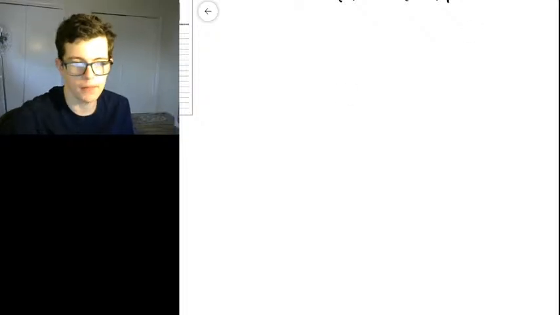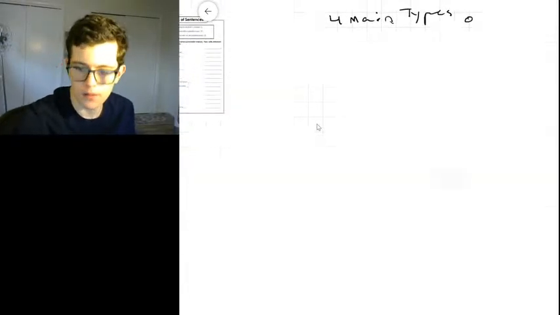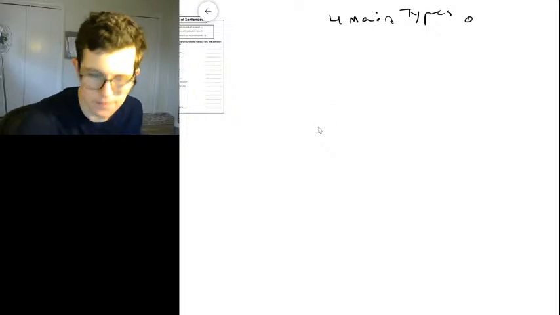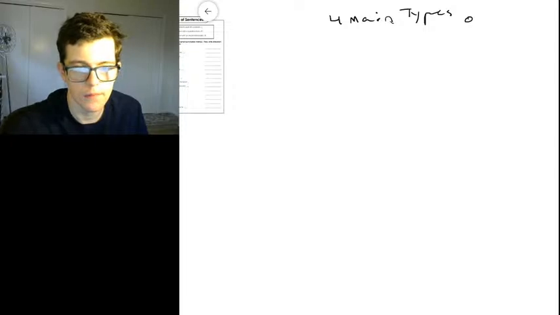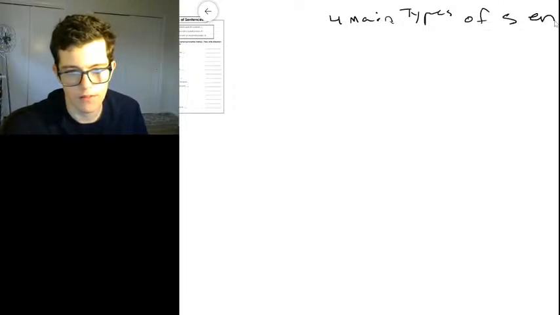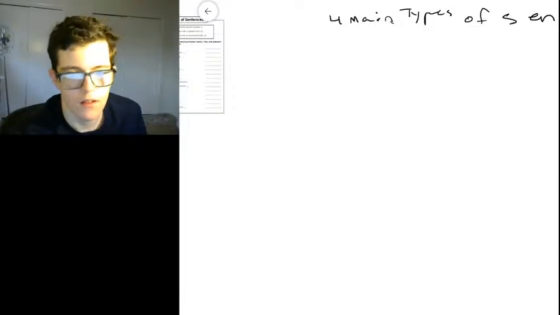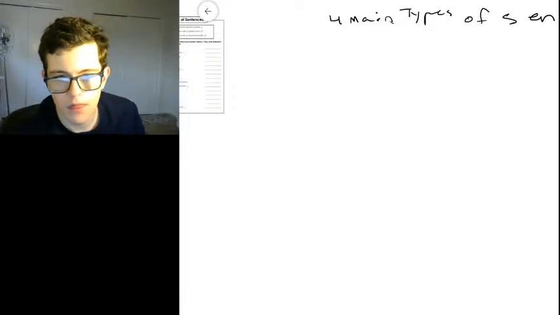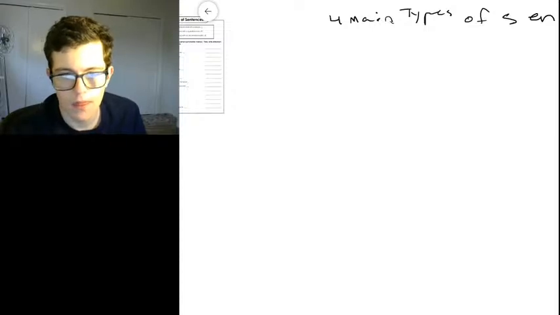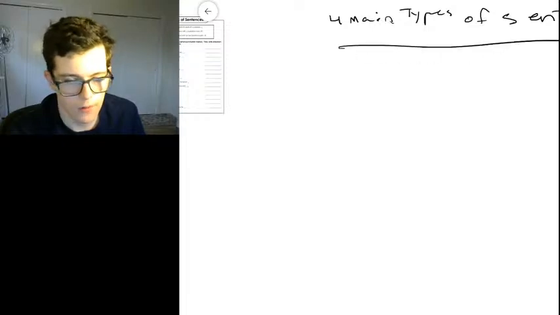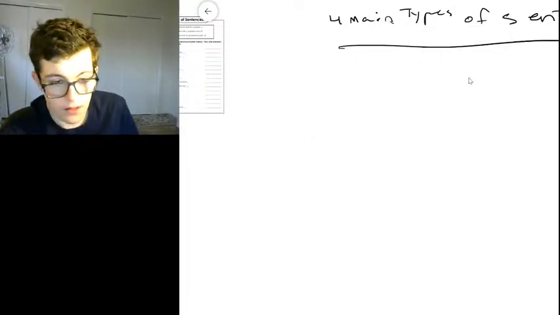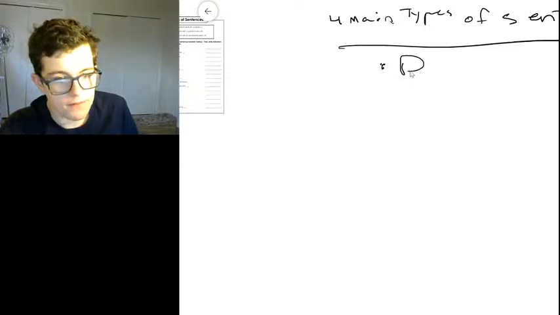My bad, you can't see it. There, that's better. 4 main types of sentences. You have your declarative sentences.